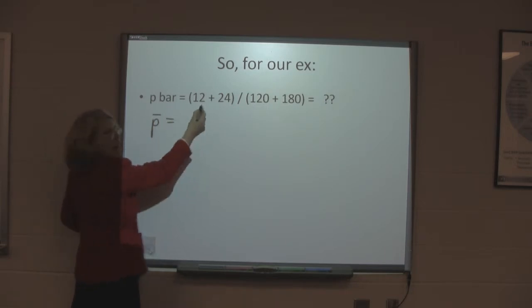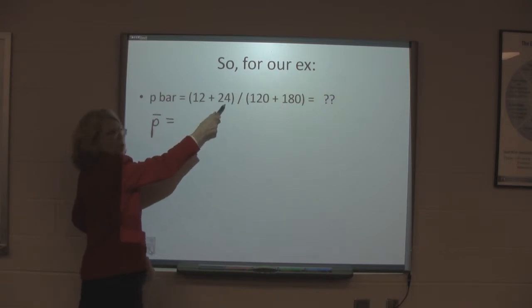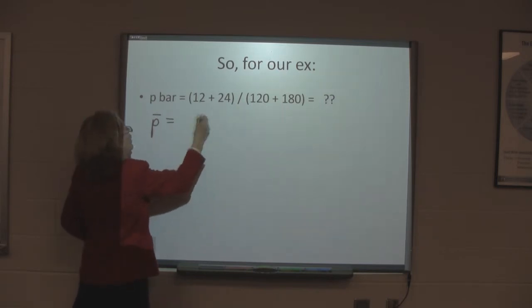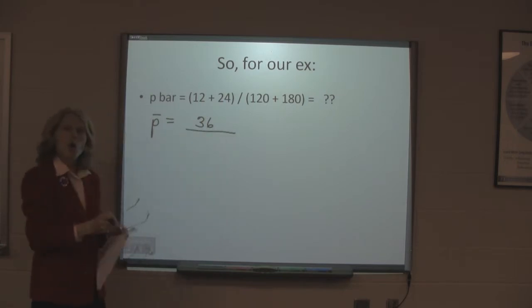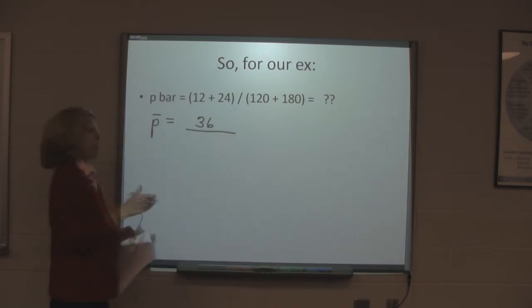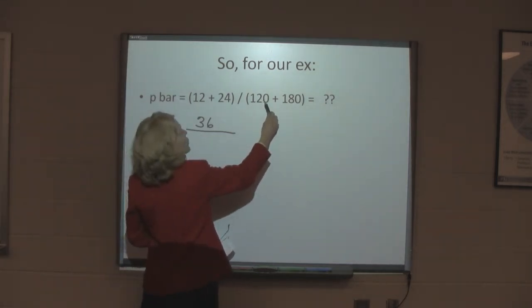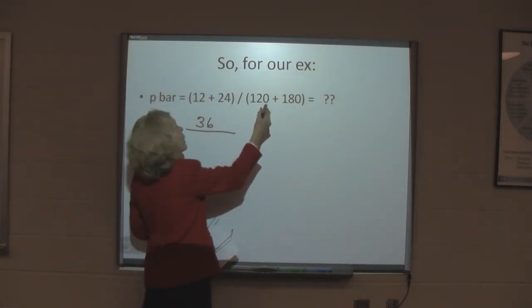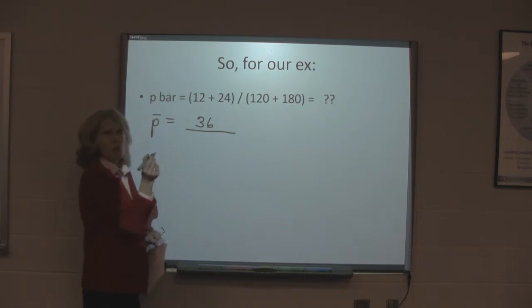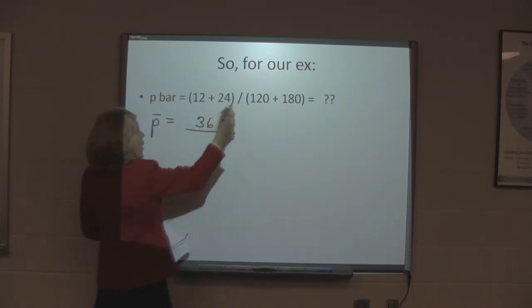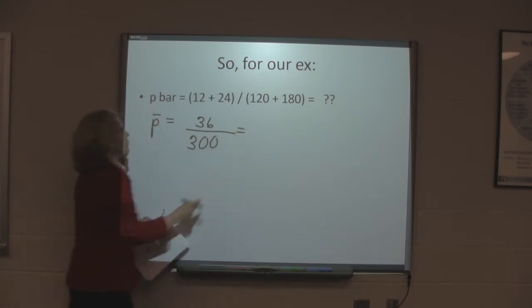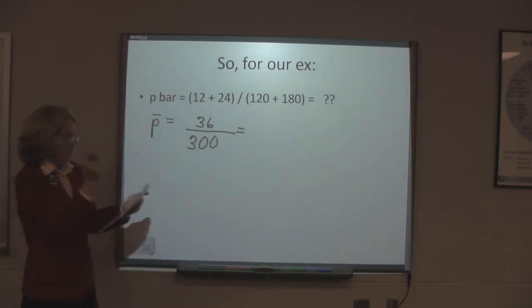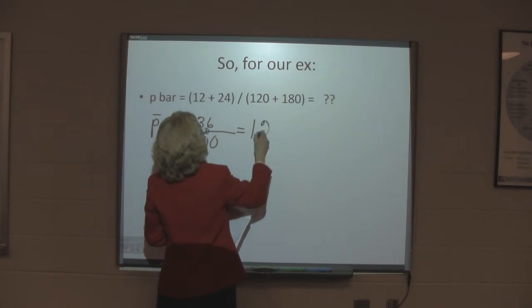P bar equals, this is the x sub 1, 12, x sub 2 is 24, so we've got 36. 36 is the total number of left-handed people, and then 120 is n sub 1, 180 is n sub 2, so together, of course, it's 300. So that comes out to be 12%.